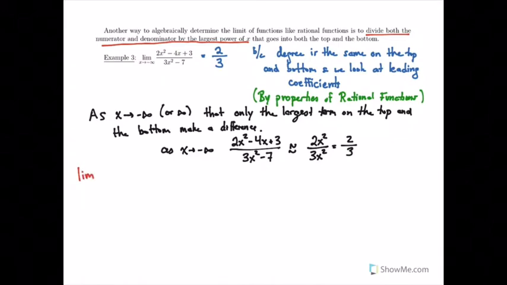So we're going to show our work very carefully, having the limit as x goes to negative infinity. We're going to rewrite the problem here: 2x squared minus 4x plus 3 over 3x squared minus 7.